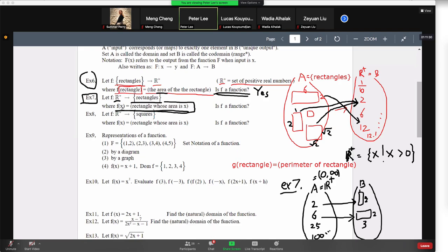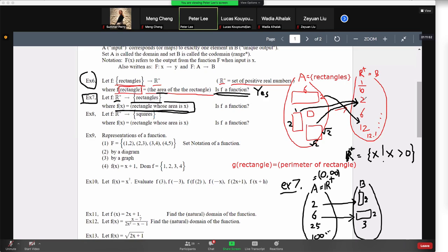It says if the input is a positive number, then what's the output? The element in the first set, the domain, is called the input, and the element in set B, the range, is called the output.